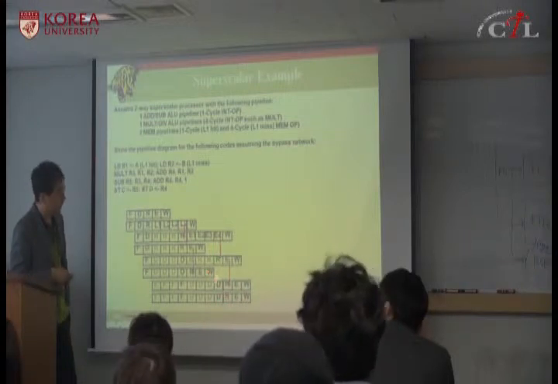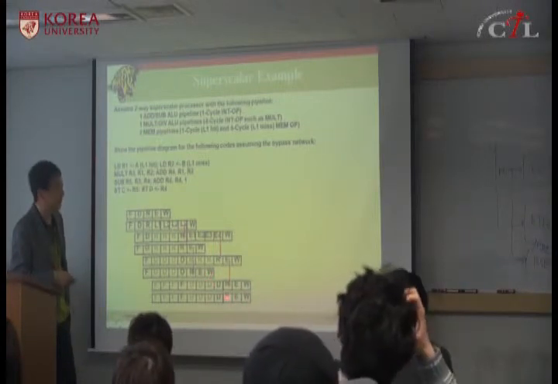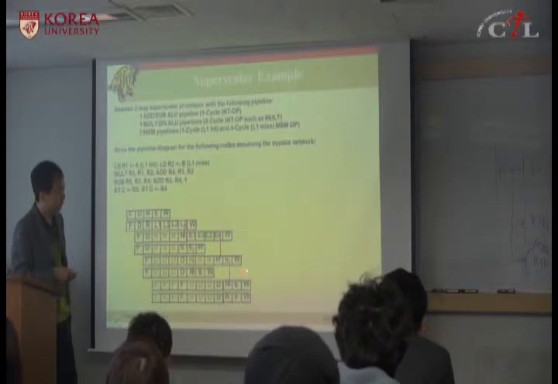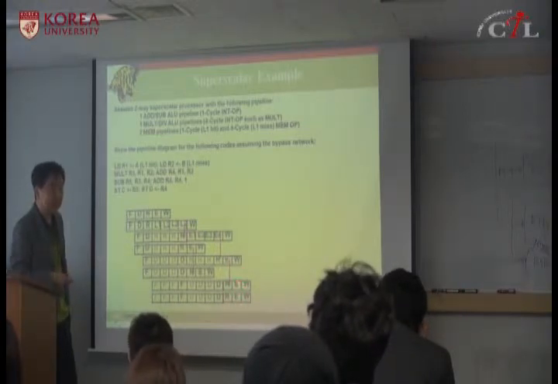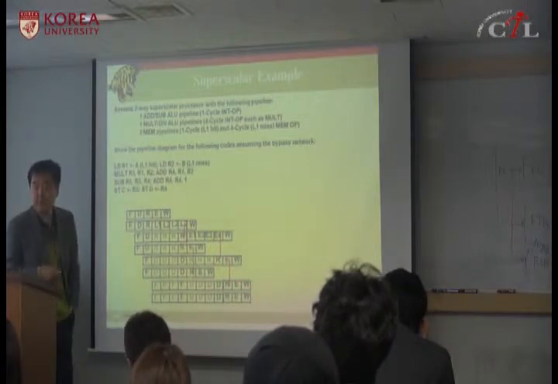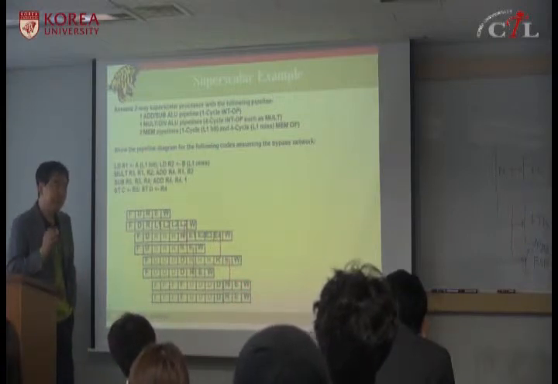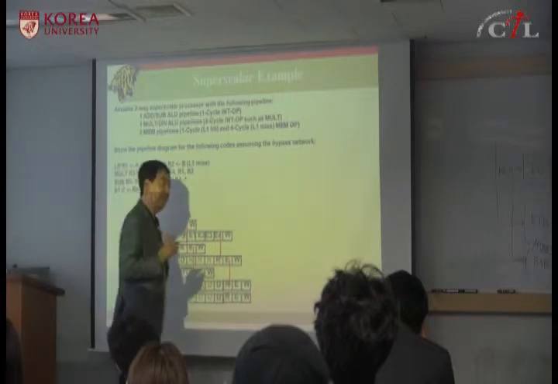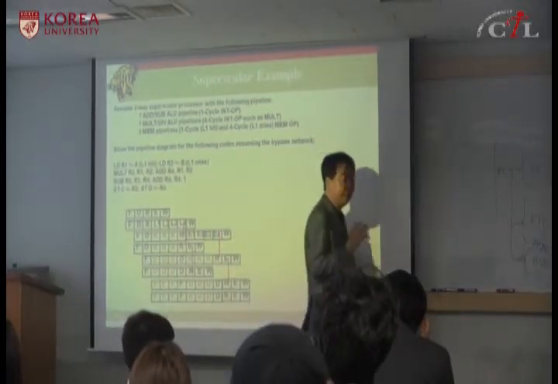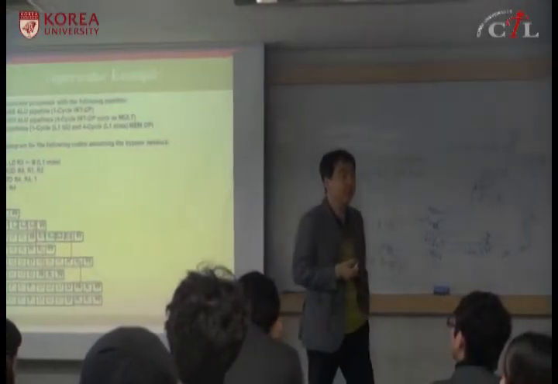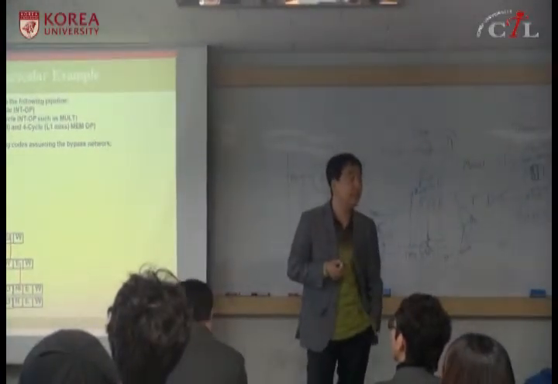You don't have to bypass because you complete earlier, so you read from register file and write back. So you can write back 2 instructions, right? 2 instructions every cycle because this is 2-issue superscalar. Understood? So you can think of this pipeline diagram for superscalar processor as well. Okay?